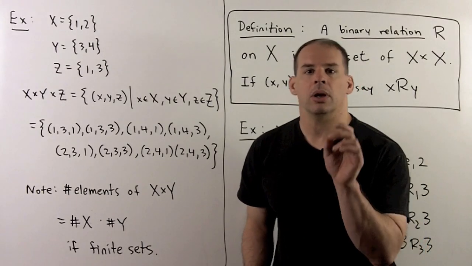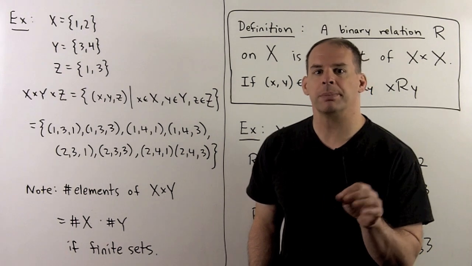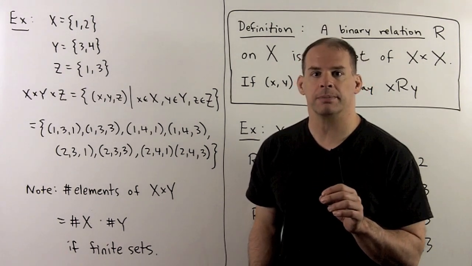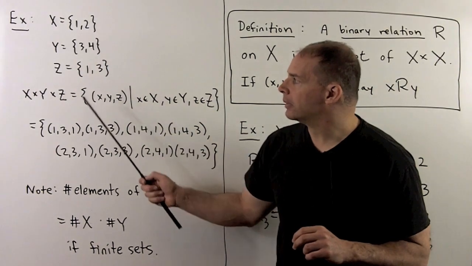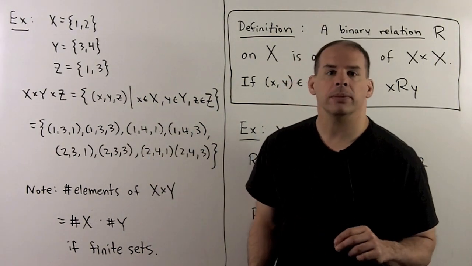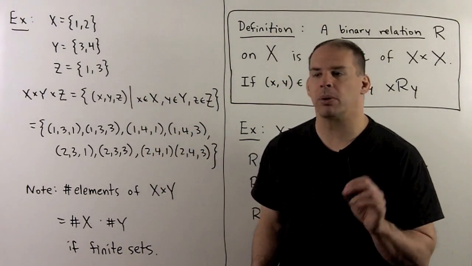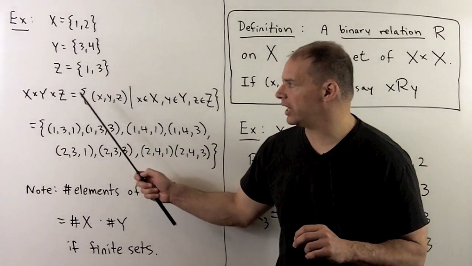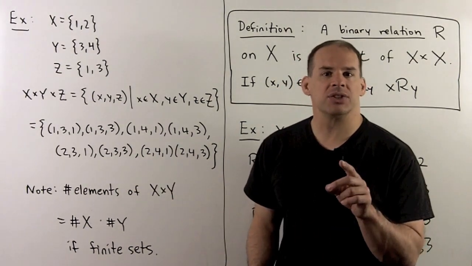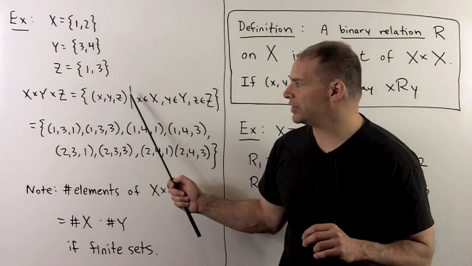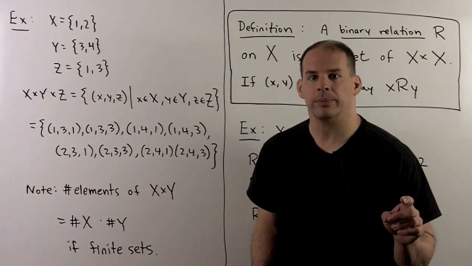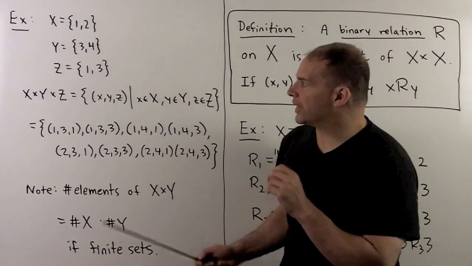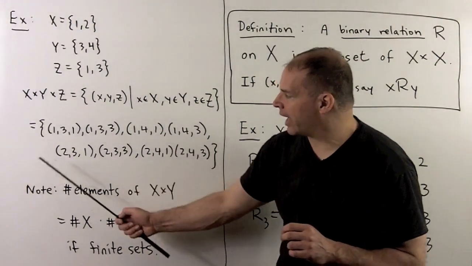For us, we want to be able to take the Cartesian product of any finite number of sets. For instance, we take X and Y as before, Z equal to {1, 3}. I could form the Cartesian triple product, X cross Y cross Z. That consists of all ordered triples (x, y, z), where x is in X, y is in Y, z is in Z. If we work this out, we get the following 8 elements.